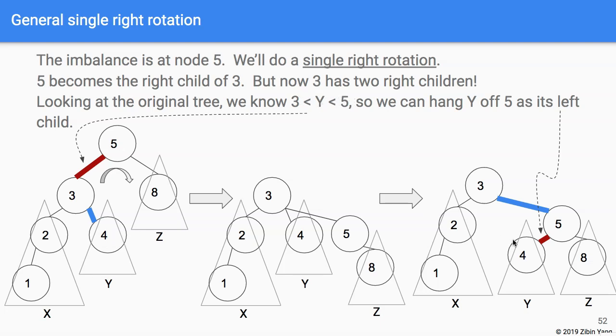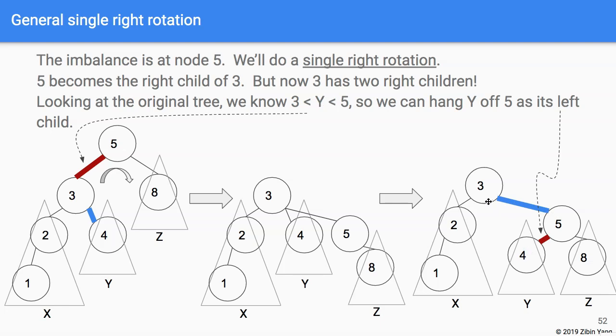And using that relationship, we can now take the subtree y and put it on the left child of 5, because 5 now has no left child. So how convenient, right? We can just attach subtree y to the left child of 5. And now the original relationship of 3 is smaller than y, which is smaller than 5, is preserved in the new tree, right?